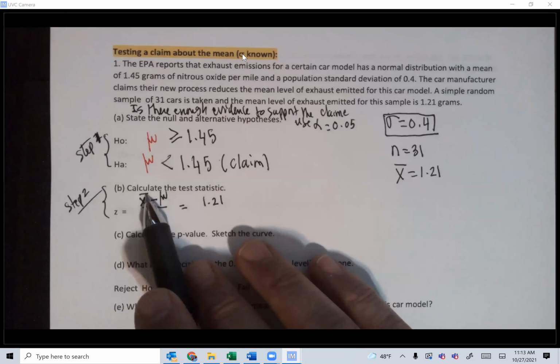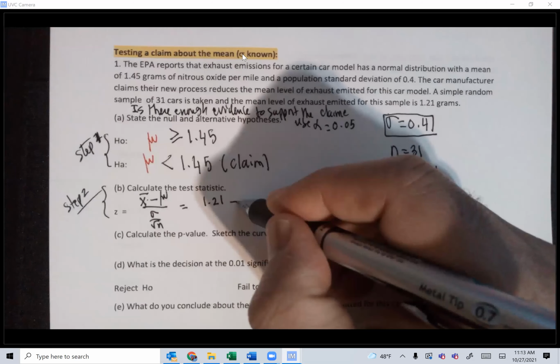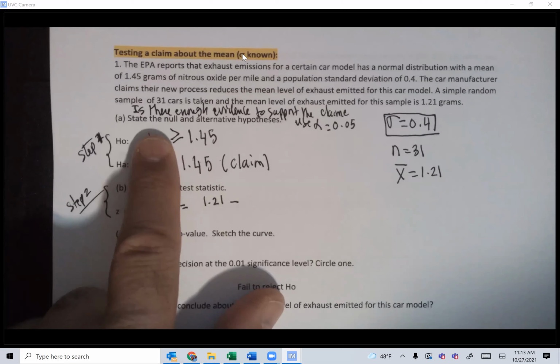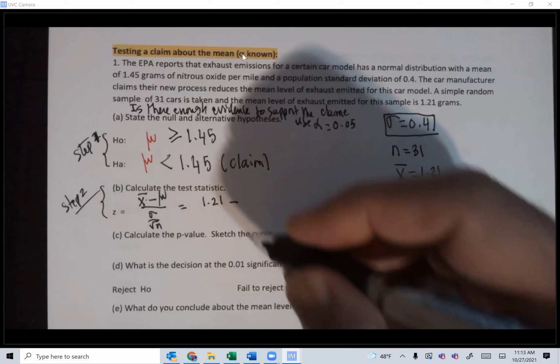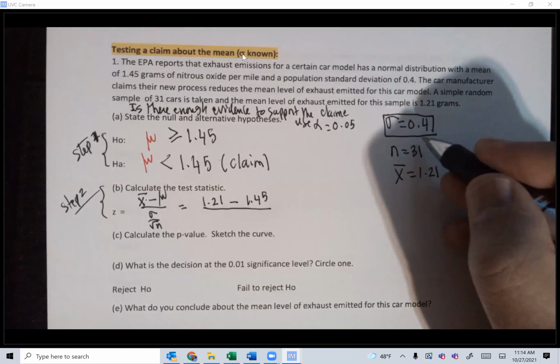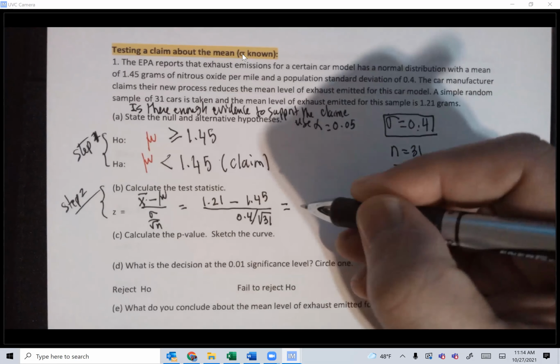So X bar is 1.21 minus. Let's see what the mean is. We will assume, guys, that the null hypothesis is true until proven otherwise. So we're going to assume that the mean is 1.45. That's how we start the hypothesis test. We say we have faith that H0 is true unless we can prove otherwise. So minus 1.45 divided by sigma, guys, is 0.4 over square root of 31. Let's do this one together.